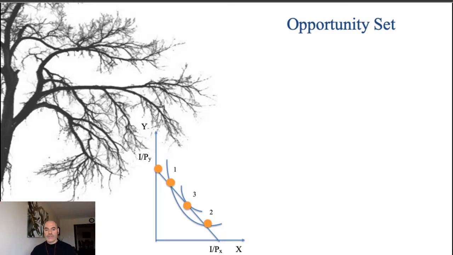And that's the tangency point from the previous graph. It represents point A, where the slope of the preferences, indicating the rate at which you are willing to trade y for x, is identical to the slope of the budget constraint, which is what the rest of the world is willing to trade with you.